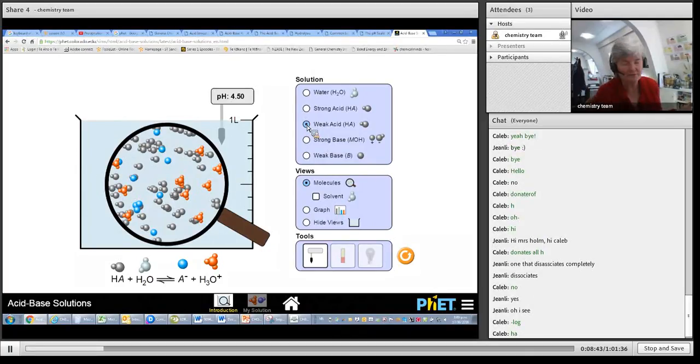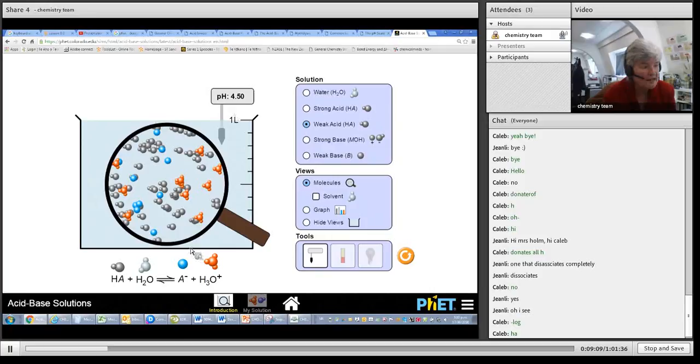There's about 55 moles of water per litre. But if we ignore the water, then most of it's going to be HA, and then we'll have approximately equal amounts of A minus and H3O plus. And notice with the pH, because I've got fewer H3O plus ions, the pH has gone up.